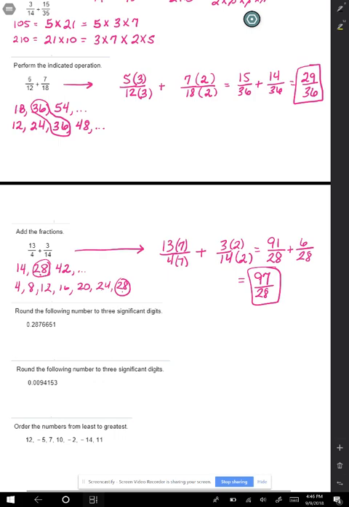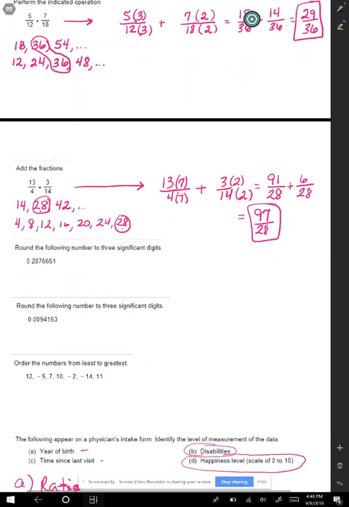Okay, on the next set, this is just rounding to significant digits. When you're rounding to significant digits, you're looking for the number of significant digits. And if you'll remember, it was talking about whether or not the zeros count.